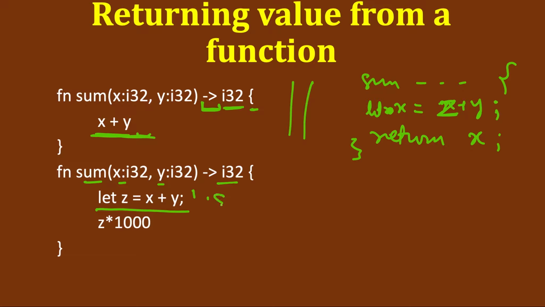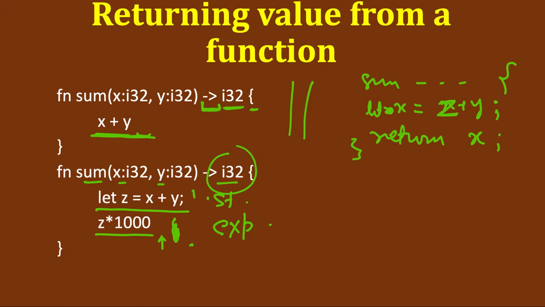So this is a statement. And then we write z multiplied by 1000, and we don't add a semicolon here. So this is an expression, and this will be treated as its return value. And if we add a semicolon here, we will get an error because it expects that this function will return i32, but it's not returning anything because we have made it a statement.